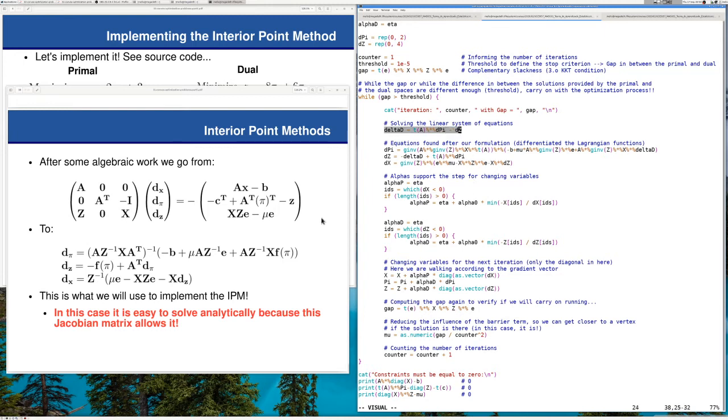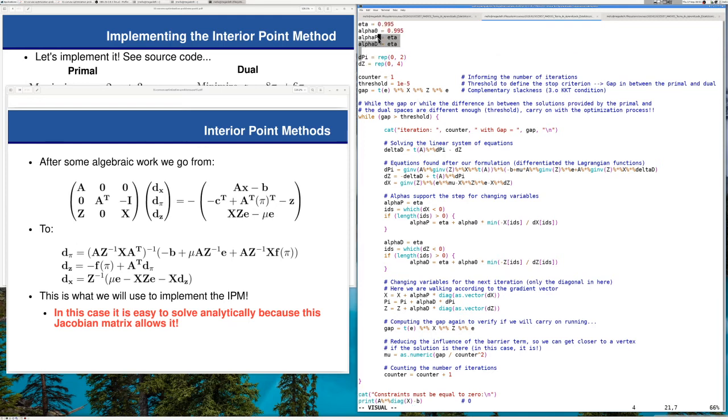That's our delta D. You may notice that my delta D was defined here. That's A transpose pi transposed, or D pi as I define here. Okay, and take a look at my initial delta for pi, or my initial variation.